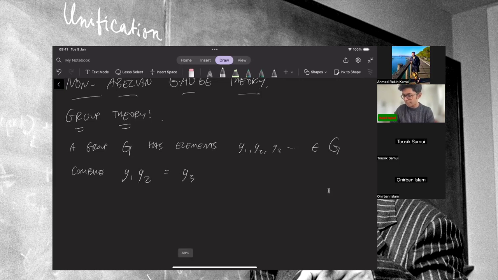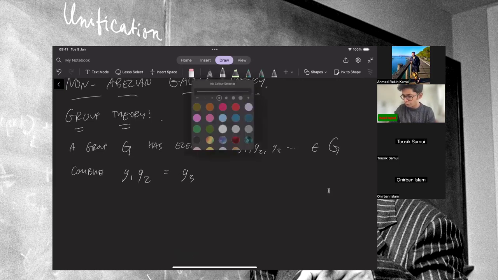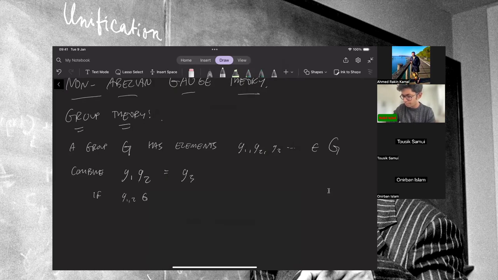And the point is that if g1 and g2 belong to the group, then g3 also belongs to the group. So anything that has objects and ways to combine the objects to get another object is a group, provided there are some technical considerations.